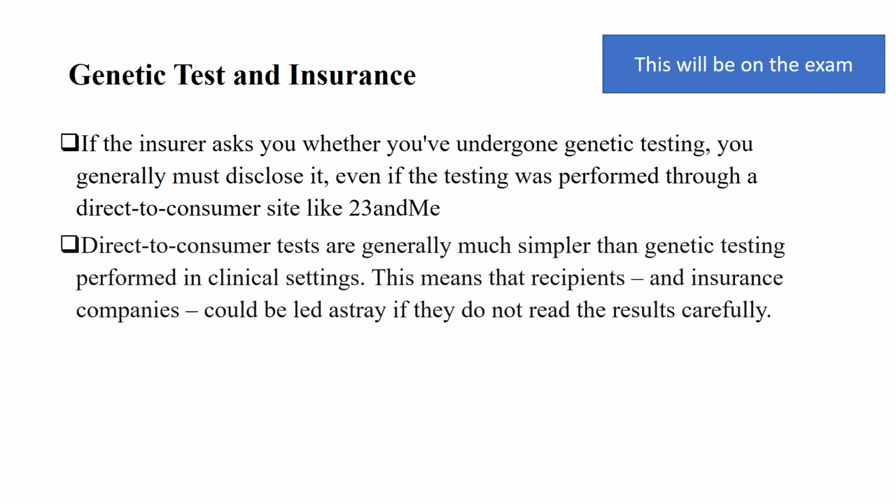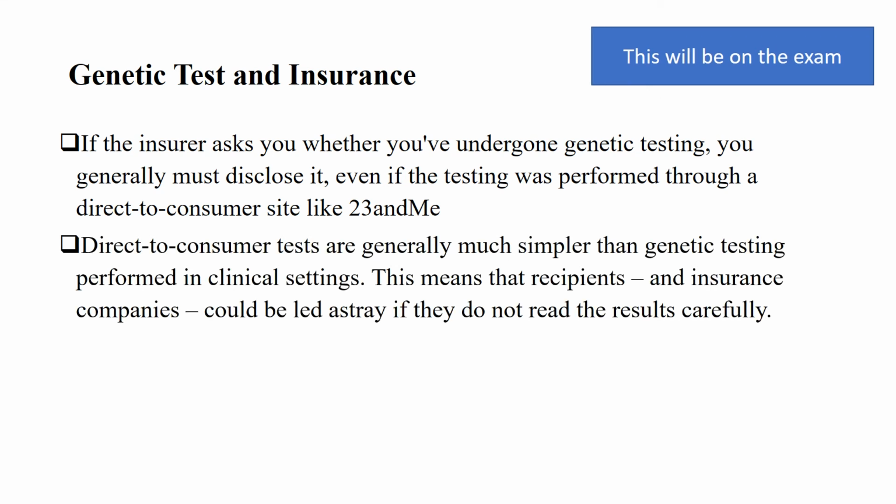The main problem is that direct-to-consumer tests are easy, but they are generally much simpler than genetic testing performed in clinical settings. The reports are also simpler. So if the insurance company doesn't read carefully, the insurance company may misinterpret the results. So think twice if you want to have these direct-to-consumer tests.